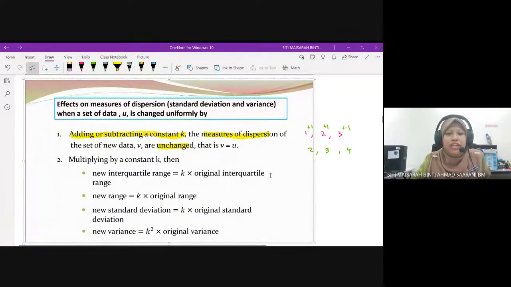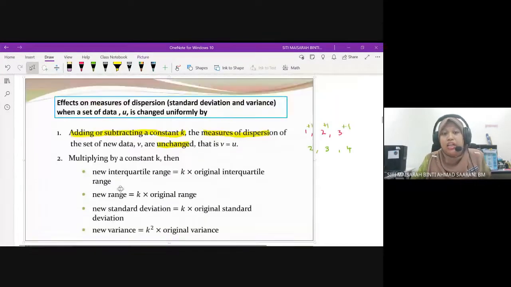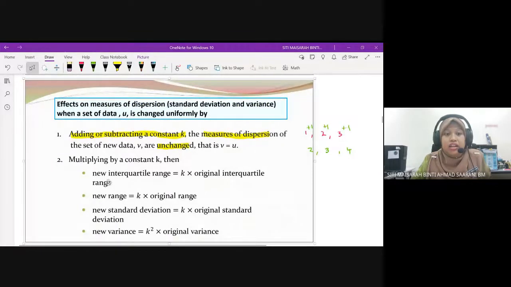Okay, so kalau soalan dia nak interquartile range, so new interquartile range formula dia akan jadi K times original interquartile range. Okay, kalau dia nak new range, so K times dengan original range.